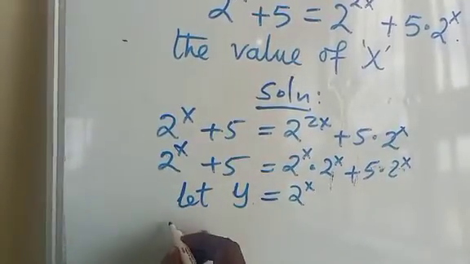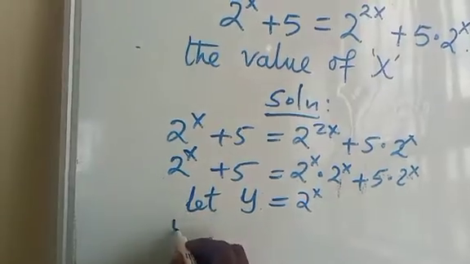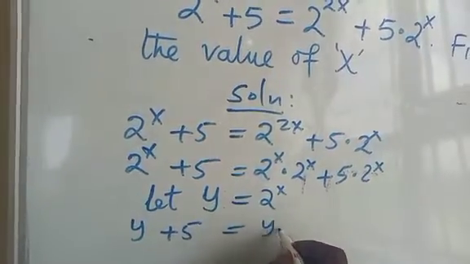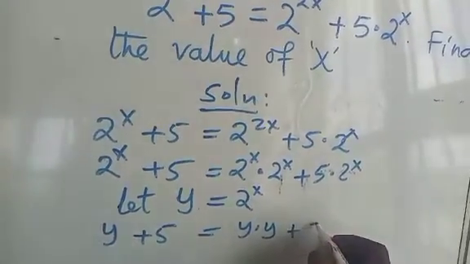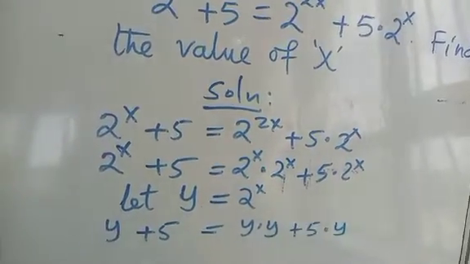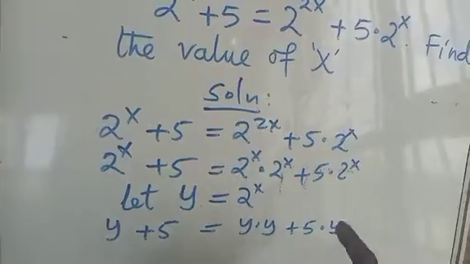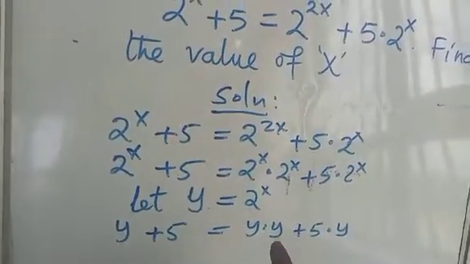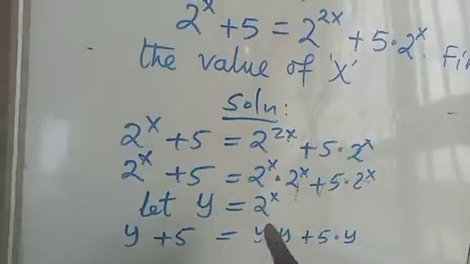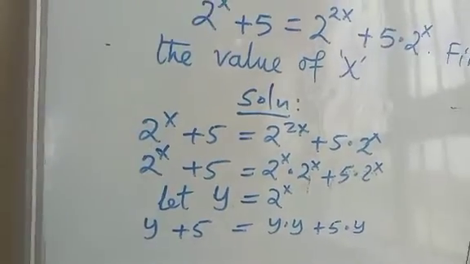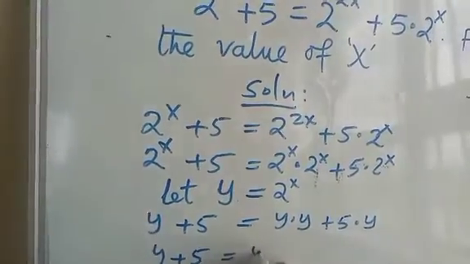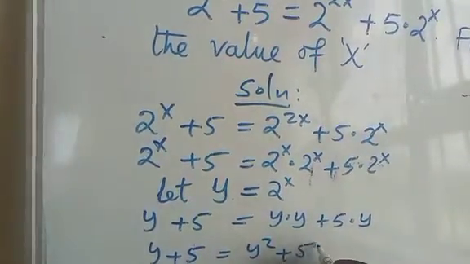So this one will be y + 5 = y times y + 5 times y. So we have substituted y where there is 2^x. Remember, this is a technique on how to solve this problem. So y + 5 = y squared + 5y.